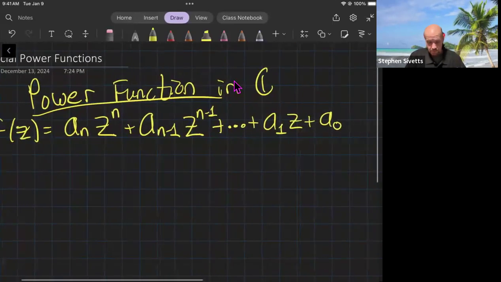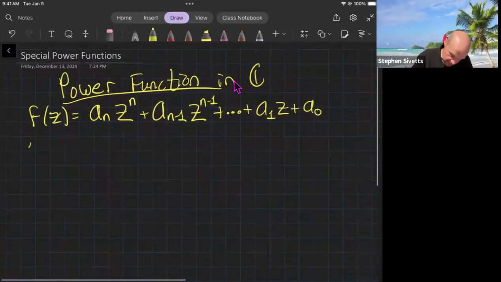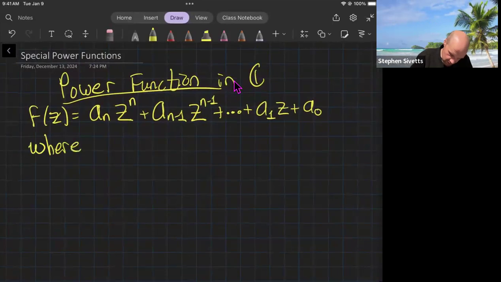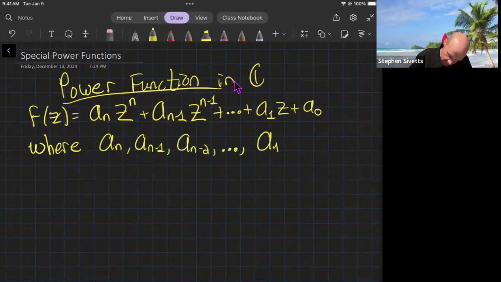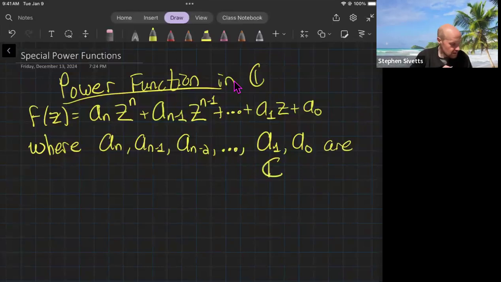So it's a polynomial in terms of the complex numbers, right? Where a sub n minus 1, a sub n minus 2, all the way down to a1 and a0 are complex numbers.